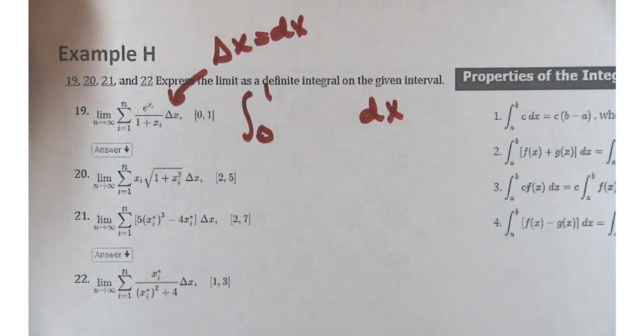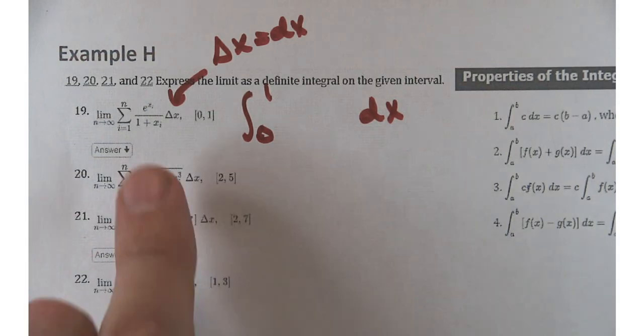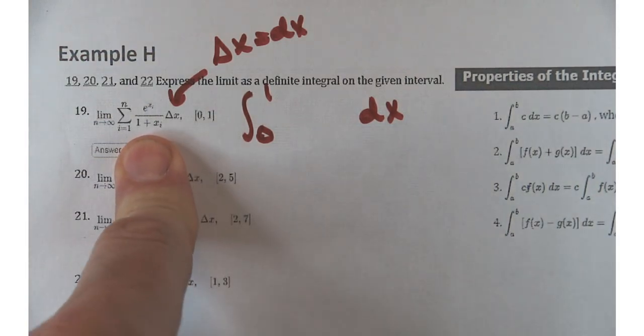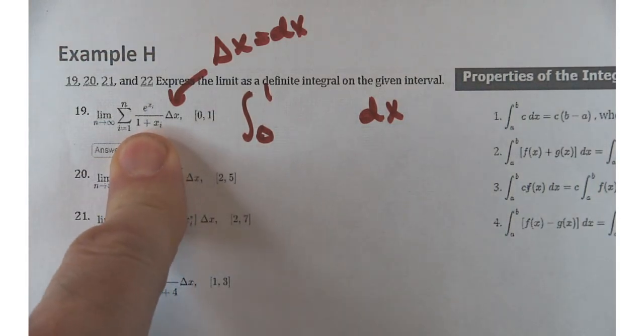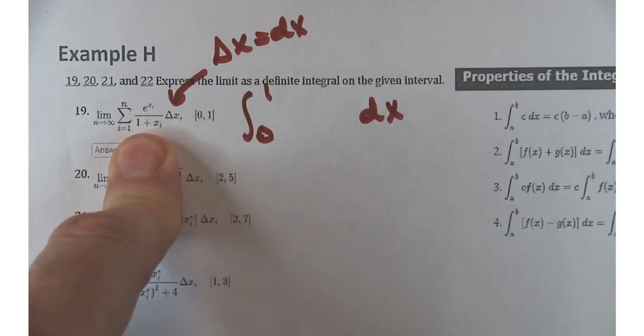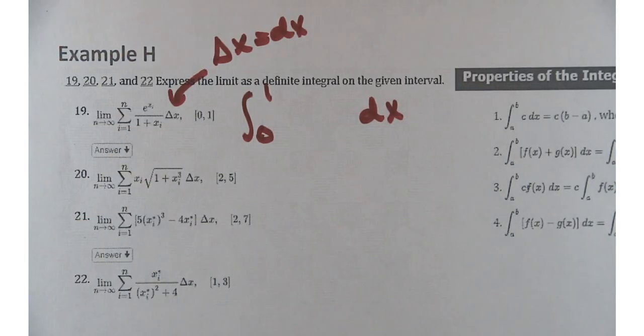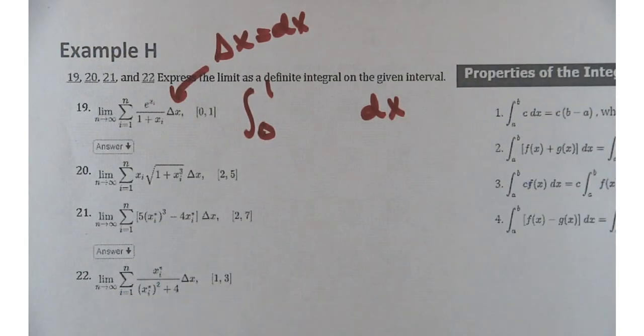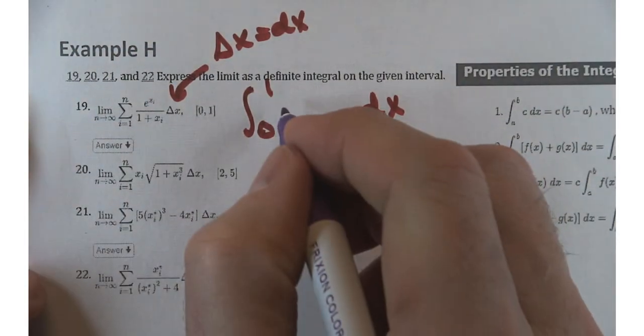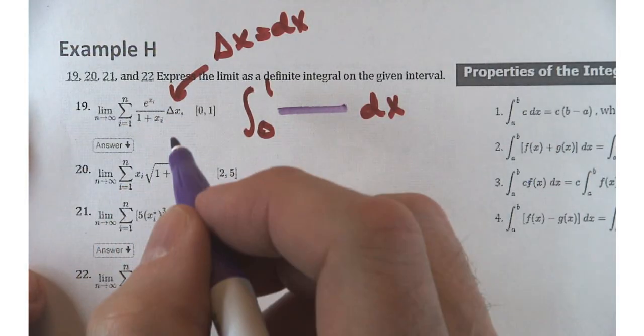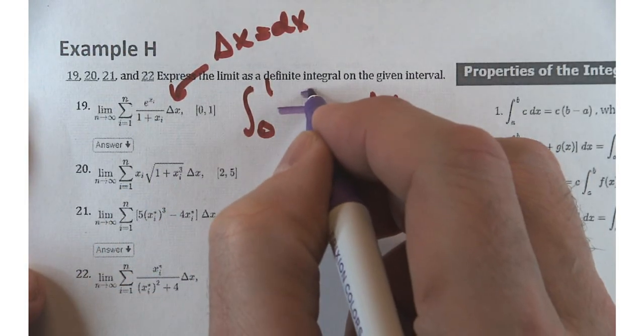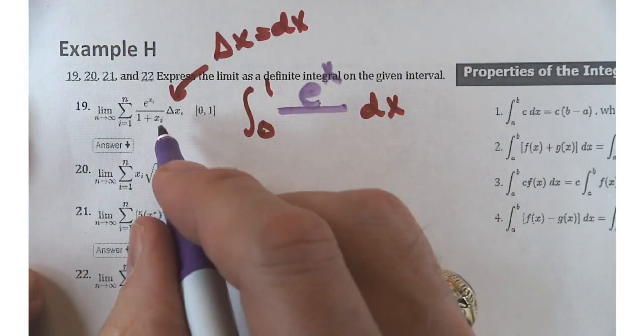But in between, what I've got to put is the function. What function is this? Well, right now they substituted an x sub i wherever we have an x. We don't have to do x sub i, we just have to use x as a variable. So let's take a look at that function. In the numerator, I've got e to the x. In the denominator, I've got 1 plus x.